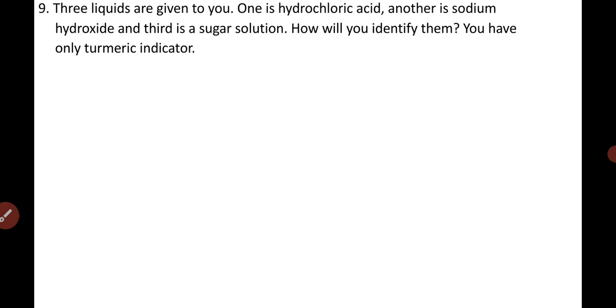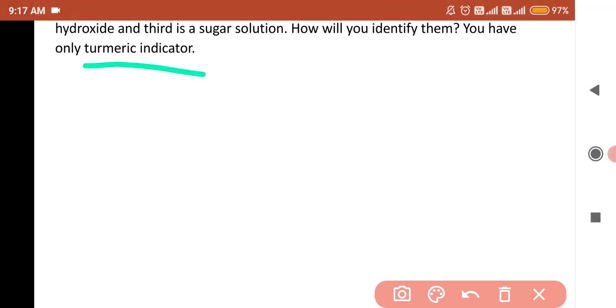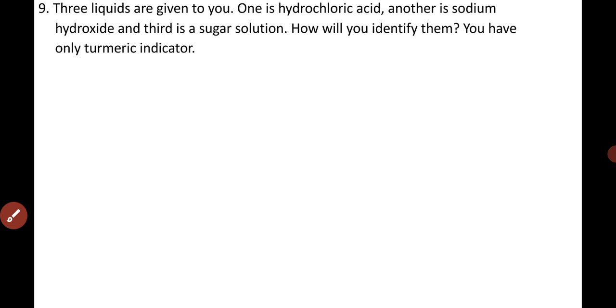Now, from the name hydrochloric acid only, you can identify that it is an acid. Sodium hydroxide is a base, and the third one, the sugar solution, is what? Neutral substance, neutral solution. But how will you identify them using the turmeric indicator?